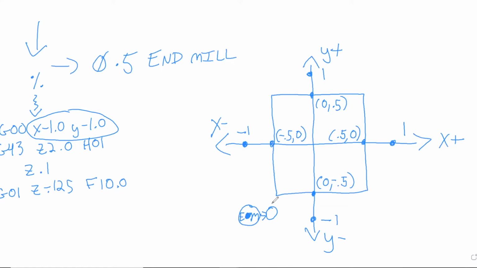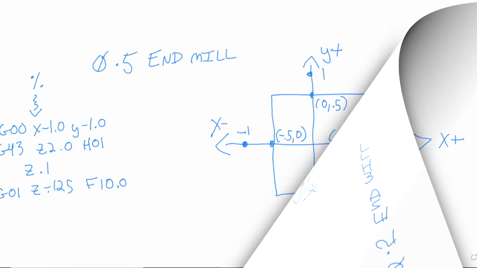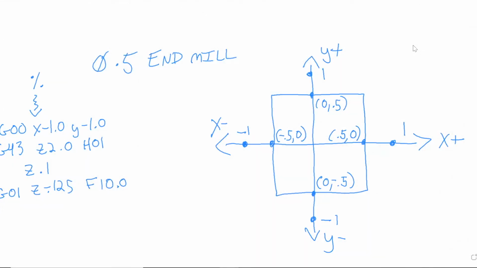All right, and let me show you what I mean by this. If we don't factor in the radius or use cutter compensation, and we move to this next location to cut up, and if we move to location -0.5, -1, half of the tool is going to be taking off more material than we want to.